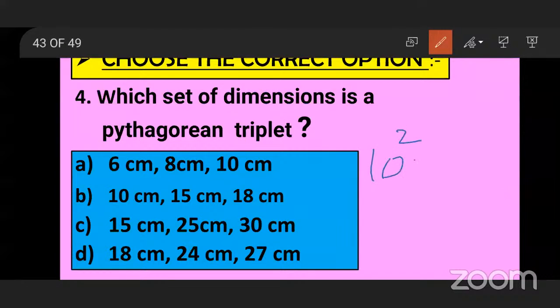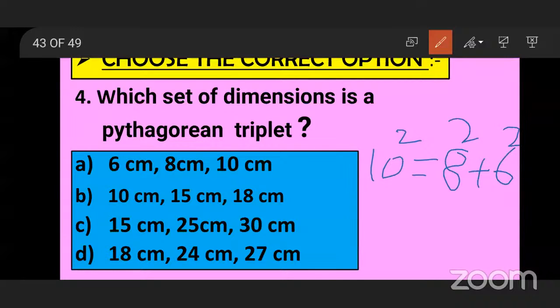See the screen, children? I'm giving you a hint. A hint is there on the screen. In a Pythagorean triplet, the square of the biggest number is equal to the sum of the squares of the other two numbers.